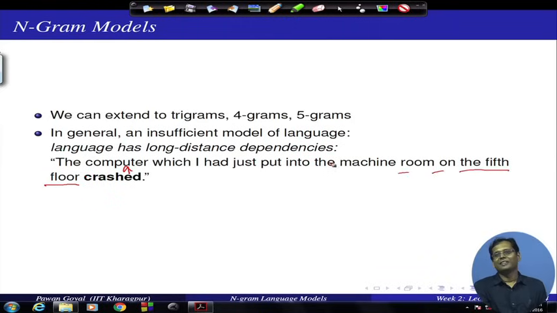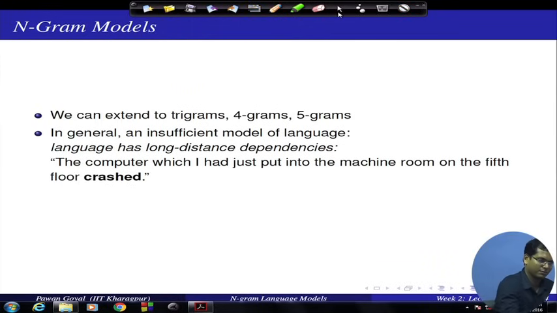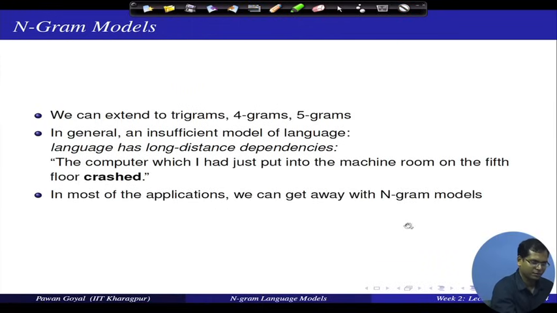You might have to go to 11, 12 grams, and that is probably not very advisable. So you must always know that any n-gram model is not a sufficient model of language, but it captures many word ordering related regularities. In most of the applications, we can use a simple n-gram model with n equal to 3 and we will get away with that.